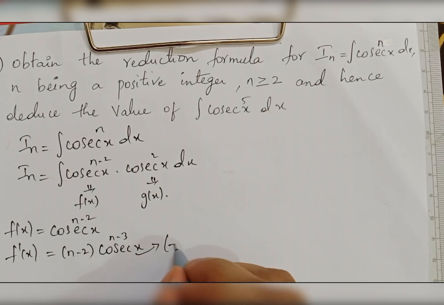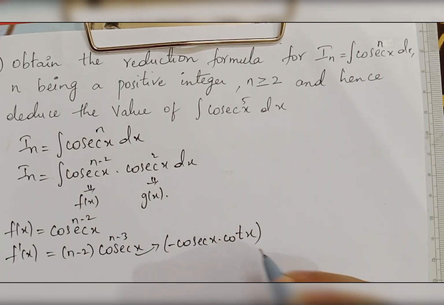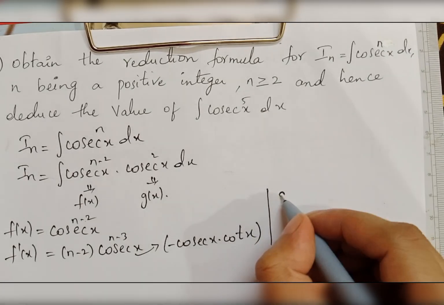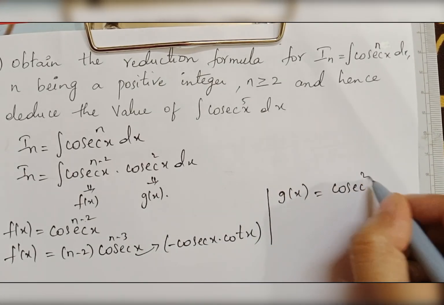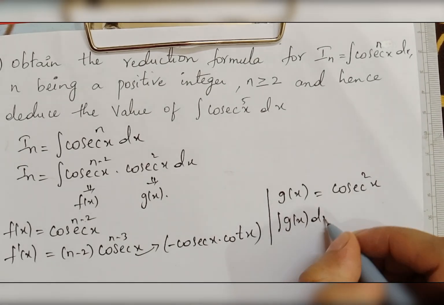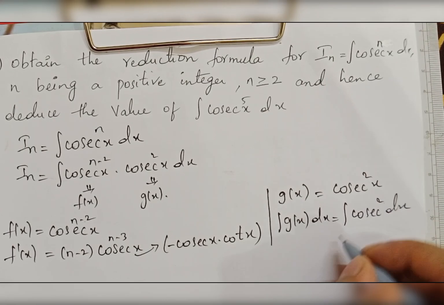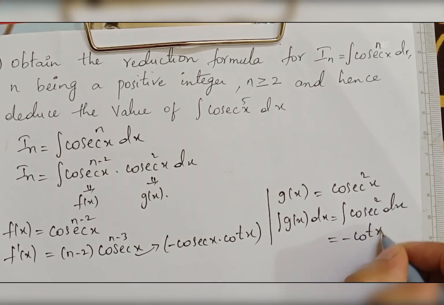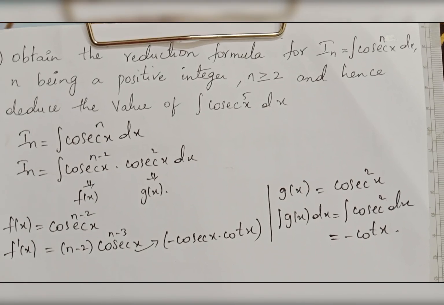Cosecant x derivative is minus cosecant x into cot x. And next is g of x, which is equal to cosecant square x. Integration of g of x dx is equal to integral of cosecant square x dx, which is equal to minus cot x.